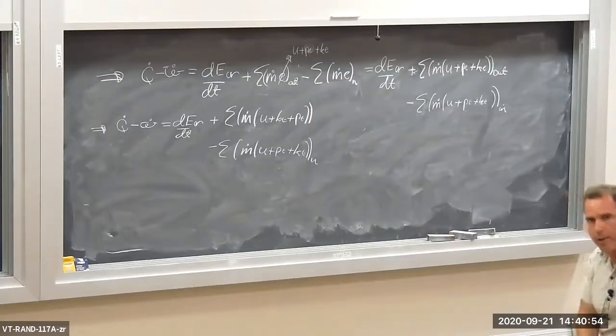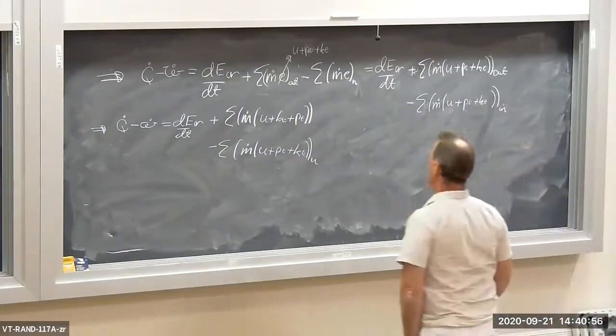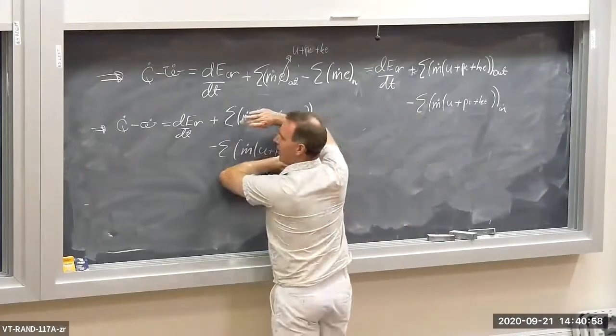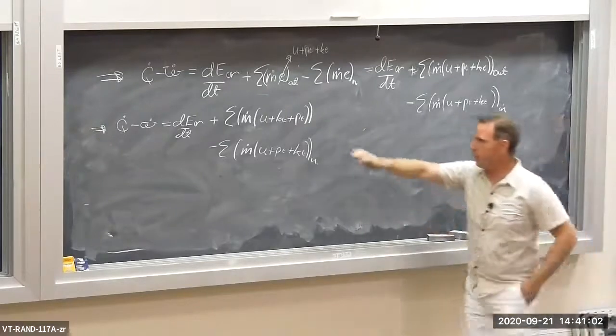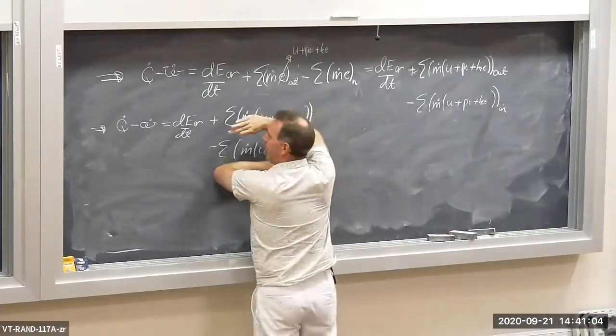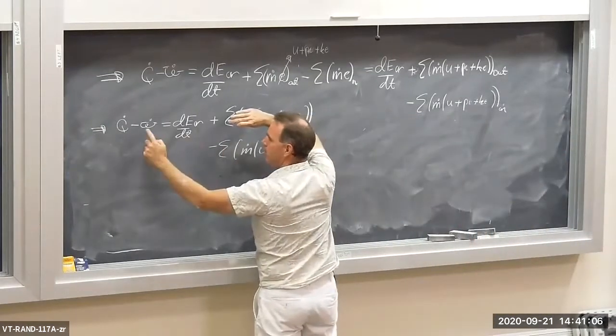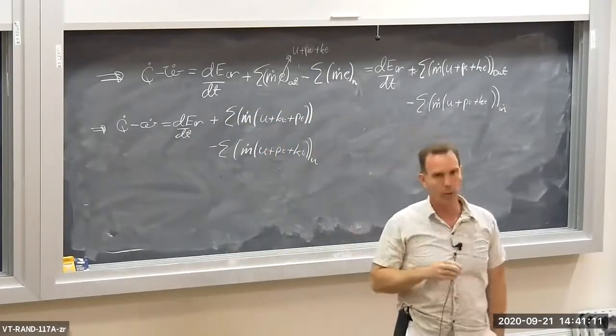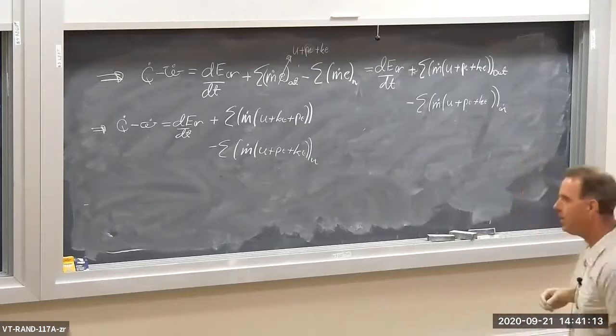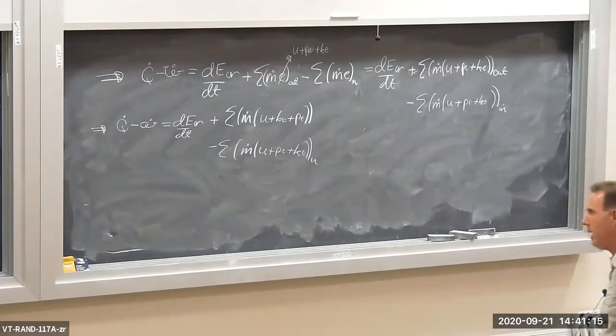A closed system has no mass crossing the system boundary. Then these m dot terms, which represent energy flows across the system boundary, would go away, and I would get Q dot minus W dot equal to dE/dt within the control volume.